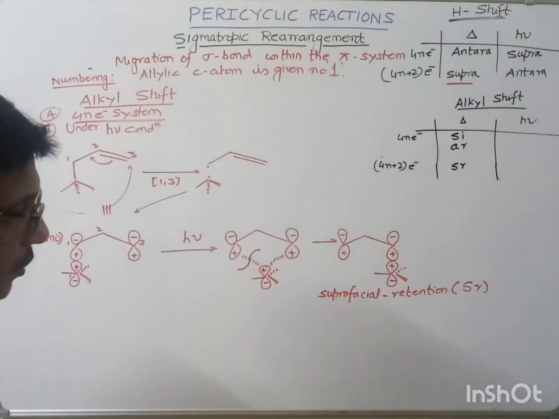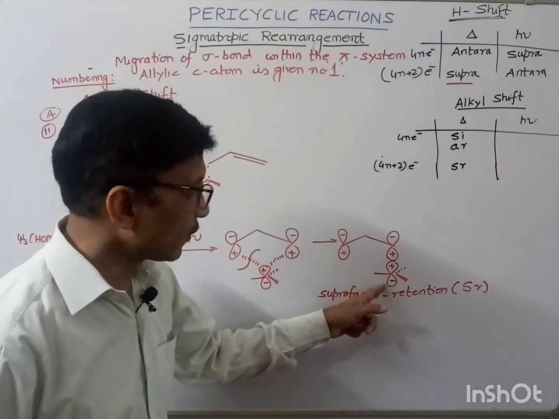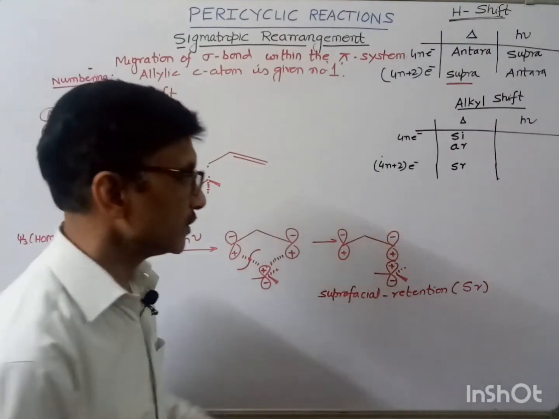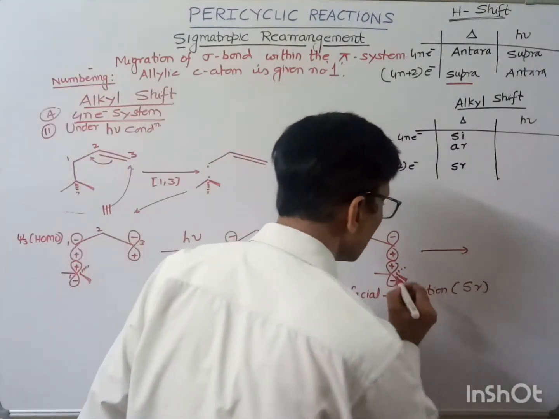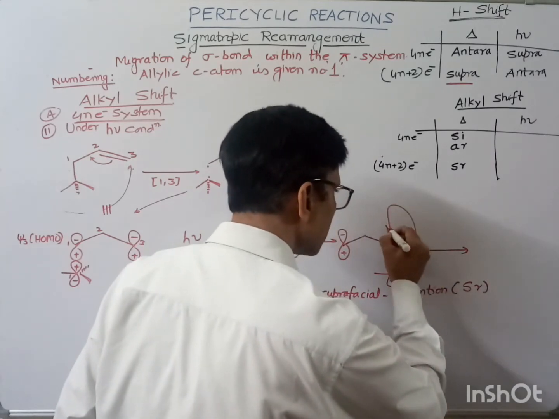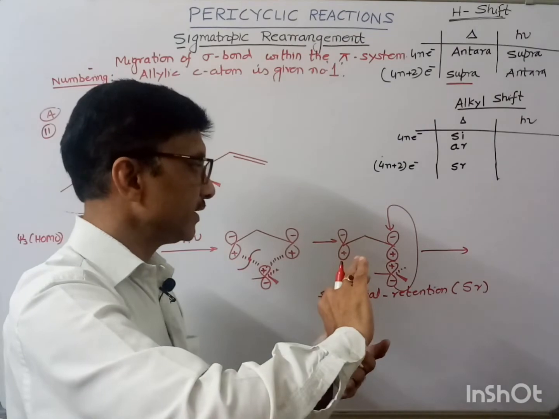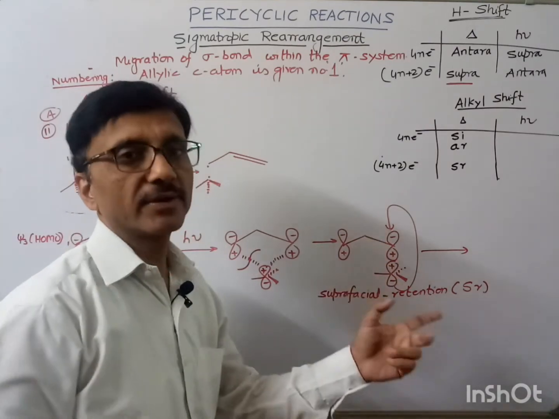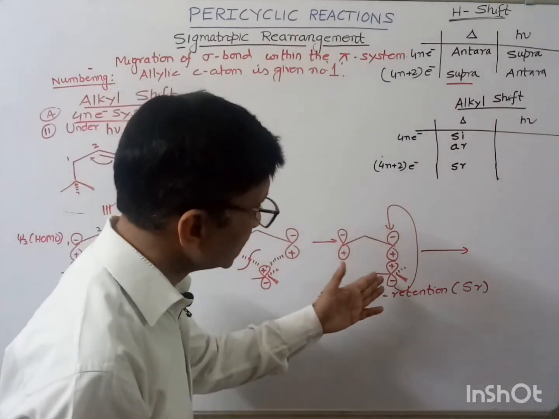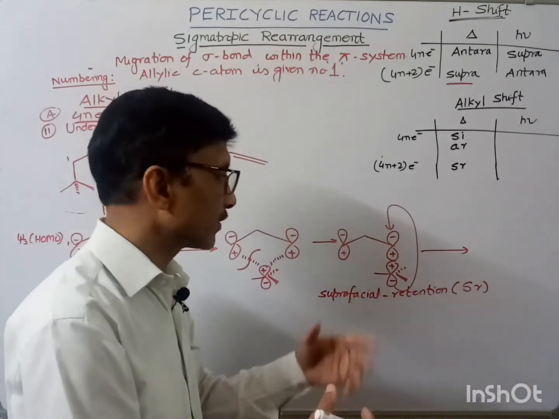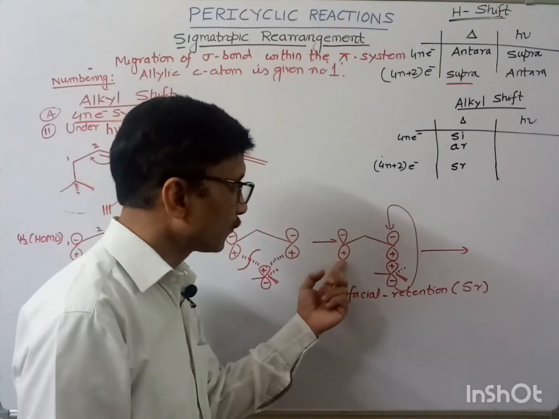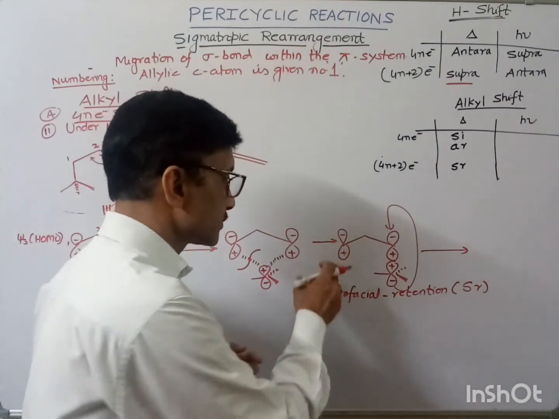Now the negative of this can also interact with the negative of this. For this, what you will do, this will interact in this way. Now rotate it by 180 degrees so that negative and negative interaction can also form a bond, but this interaction is in an antarafacial manner.